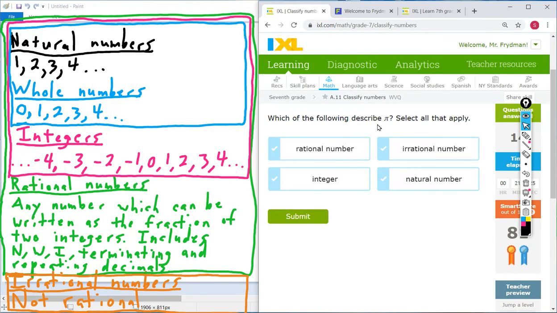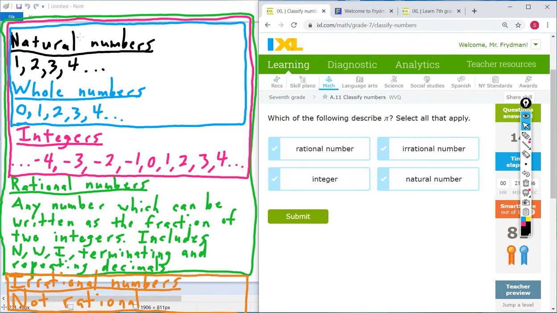Alrighty, which of the following describe pi? Select all that apply. Well, pi is simply an irrational number. Remember, if something is irrational, then it is none of these. It is not rational, it's not an integer, it's not a whole number, it's not a natural number.